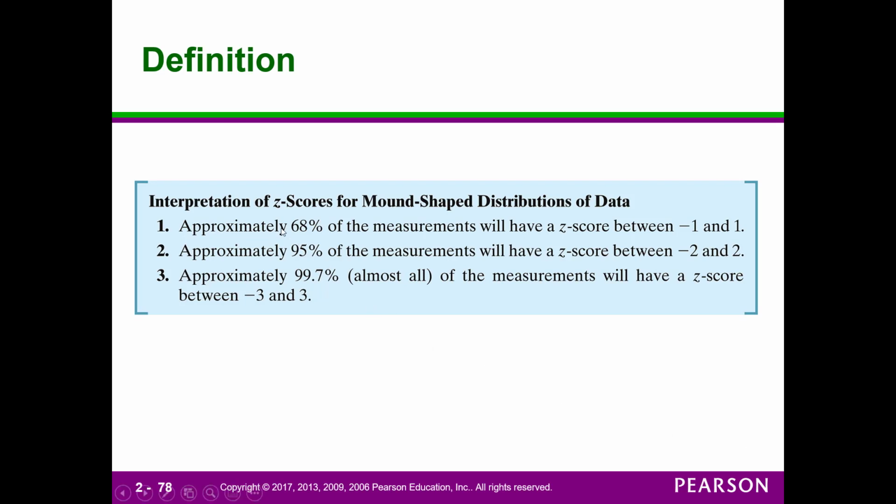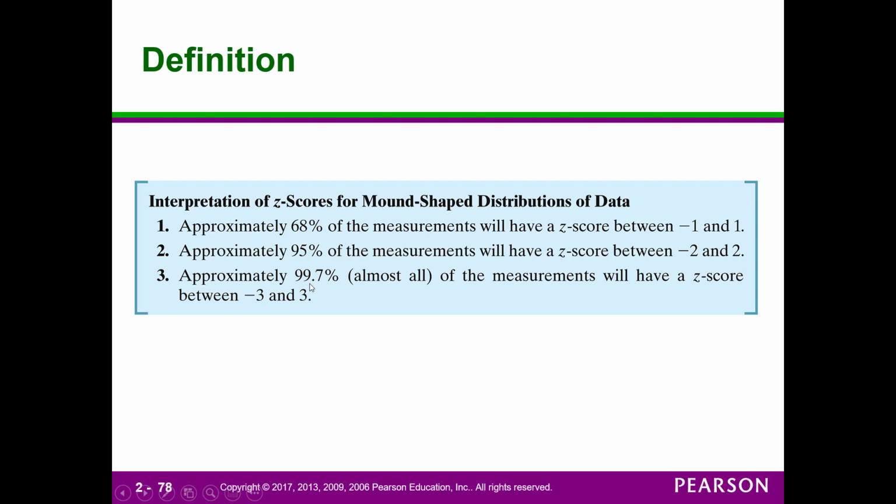Interpretation of z-scores for mound-shaped distributions of data. First, approximately 68% of the measurements will have a z-score between minus 1 and positive 1. Second, approximately 95% of the measurements will have a z-score between minus 2 and positive 2.